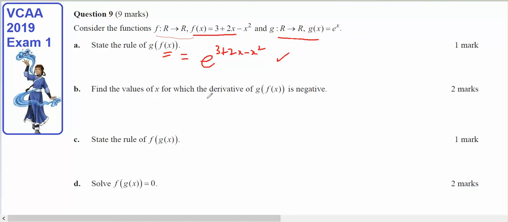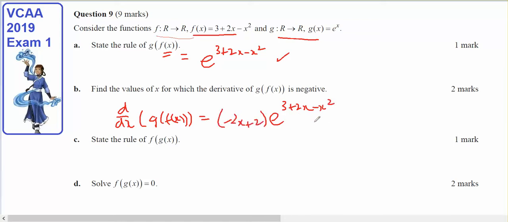Find the values of x for which the derivative is negative. So the derivative of this, d/dx of g of f of x, is going to equal the derivative of an exponential is this, and then the derivative of the inside is minus 2x plus 2.